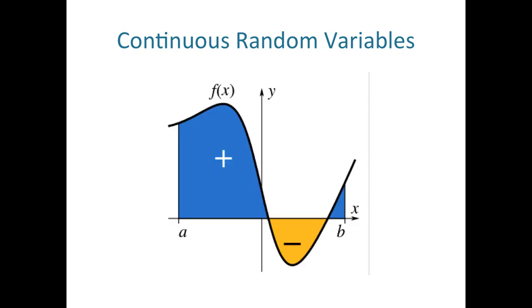If we have a function like this one, f of x, that has this shape, the probability that the continuous random variable x has values between a and b is going to be the area below the curve. So it's going to be the blue areas and the yellow areas. We sum these 3 areas, and that's the value of the integral, which is also the probability that x takes values between a and b. That's simply the definition of the integral.